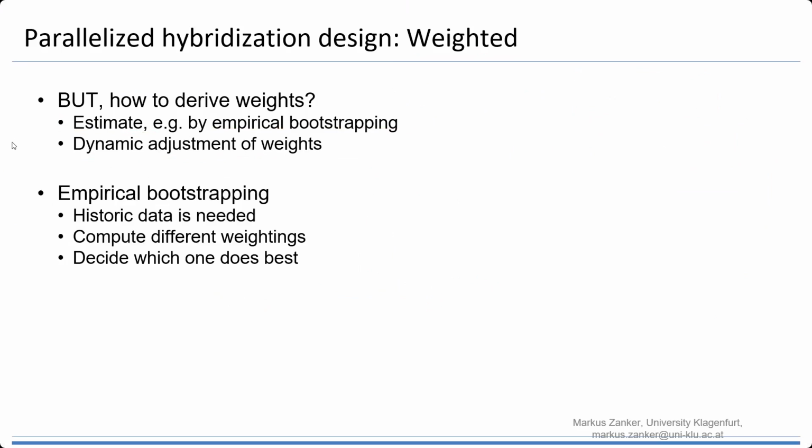If we use empirical bootstrapping, we need to get some historical data. If we have historical data, then we can tell which one is more important than another. Or we can try to compute different weights, look at the optimum result, and decide which one does the best.